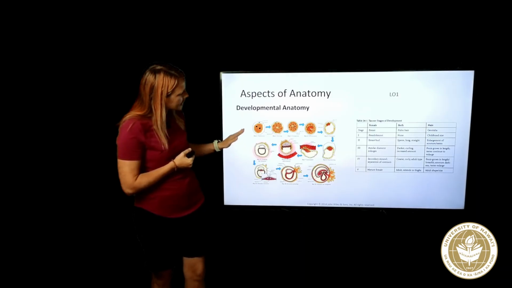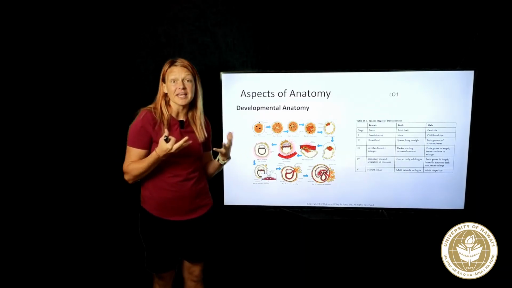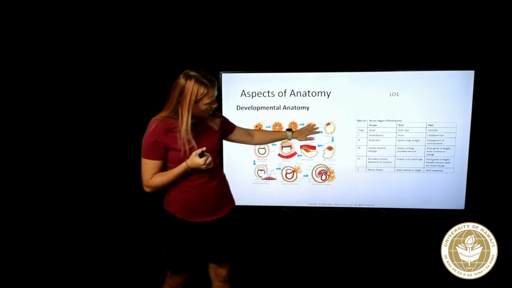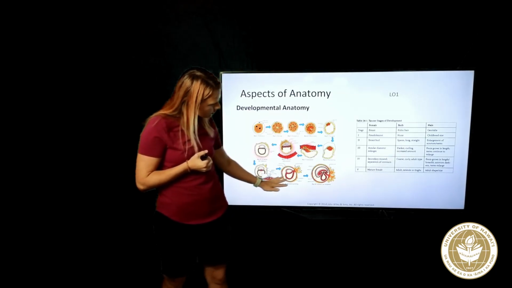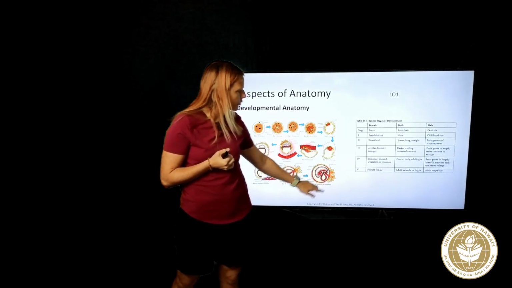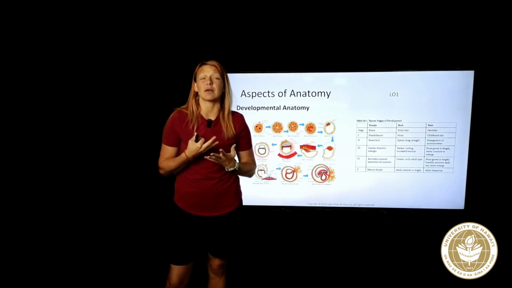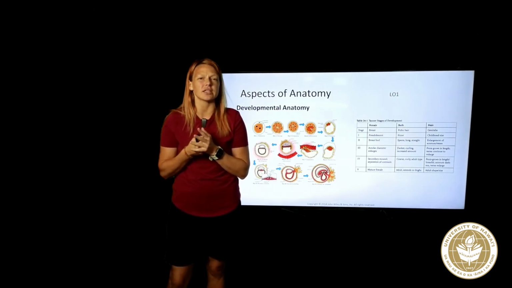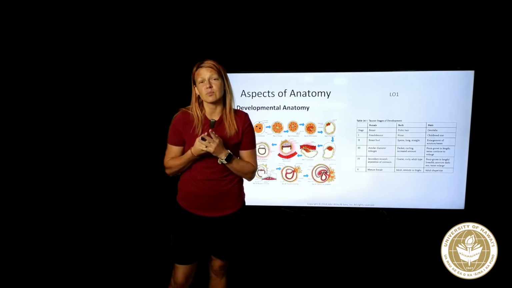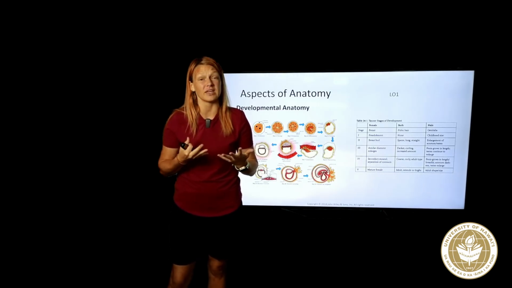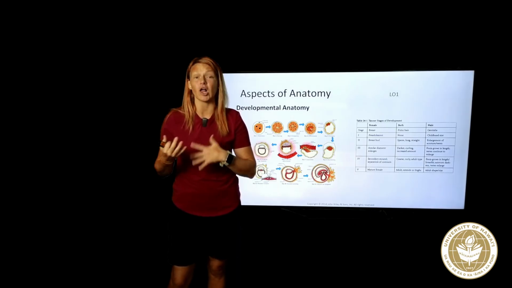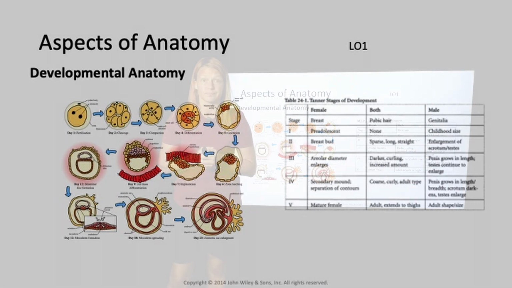And right here, you're just seeing that development from the very beginning, right? Fertilization all the way through day 23 here. So again, that is developmental anatomy. Sometimes people confuse it and think developmental anatomy is mostly just development of the fetus. It's actually both prenatal as well as postnatal.